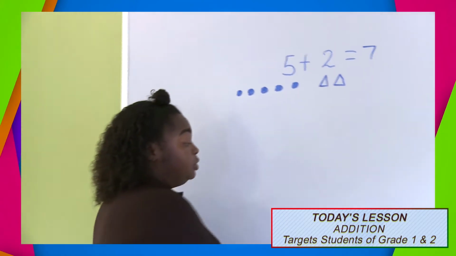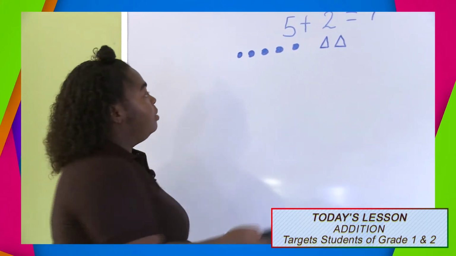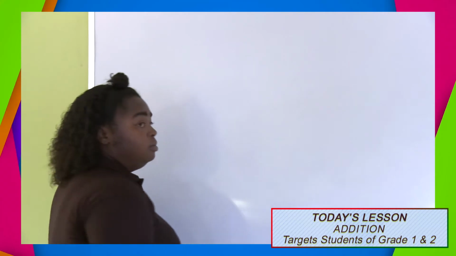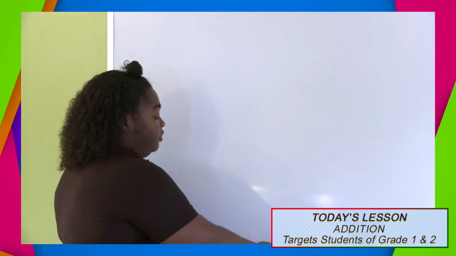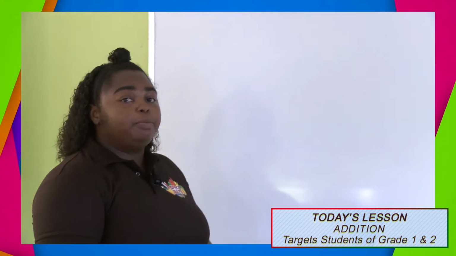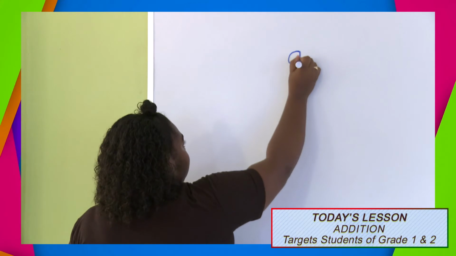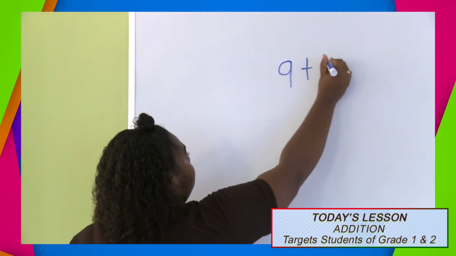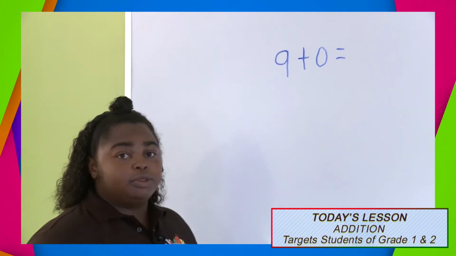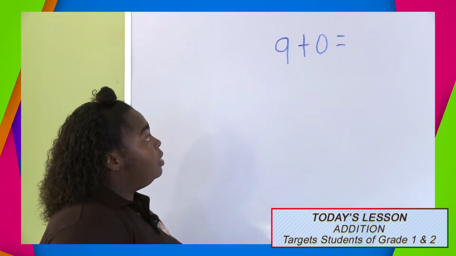Now I would like us to do some together. So get your pencil and your paper. The first equation I want you to write on your paper is 9 plus 0. Do you have it? Now, let's represent our numbers.